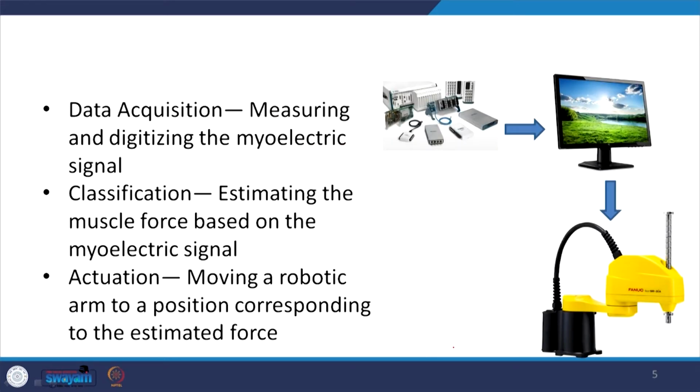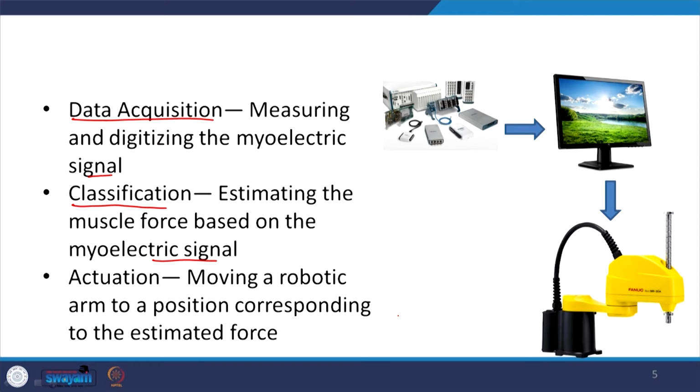So, what do these phases involve? Basically the data acquisition involves measuring and digitizing the myoelectric signal. Okay. So, first one needs to measure and then digitize that myoelectric signal, and then classification basically involves estimating the muscle force based on the myoelectric signal. Okay.